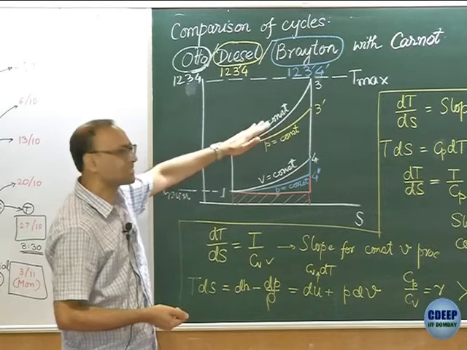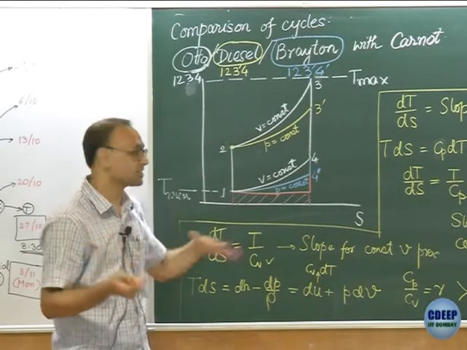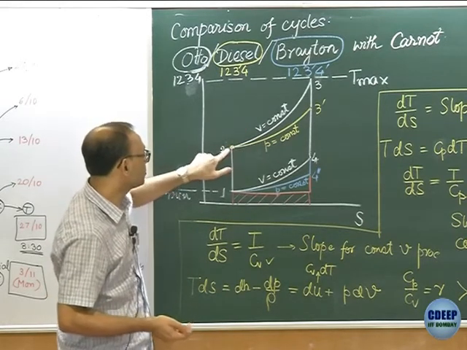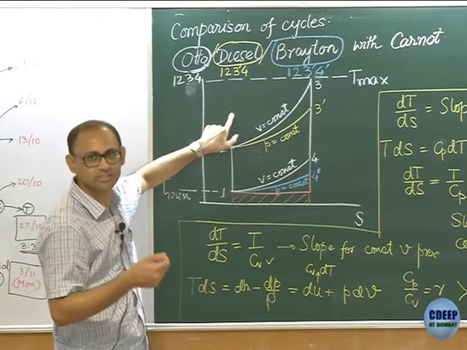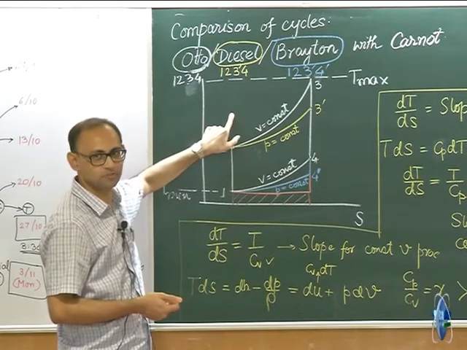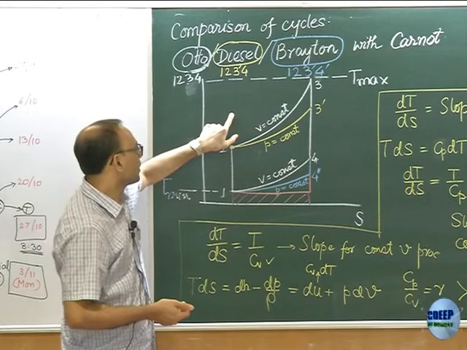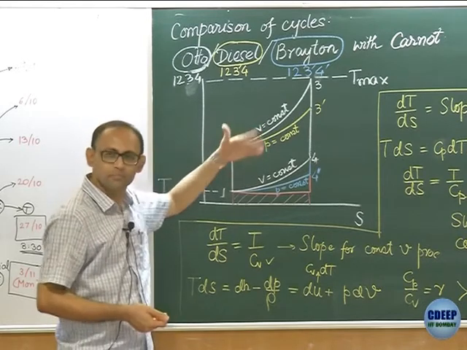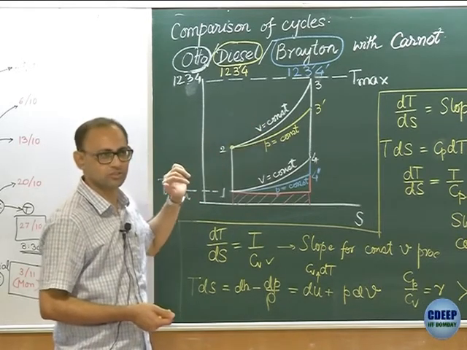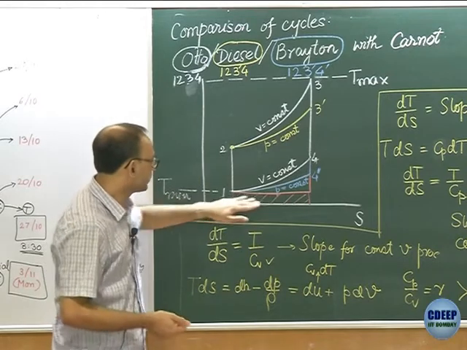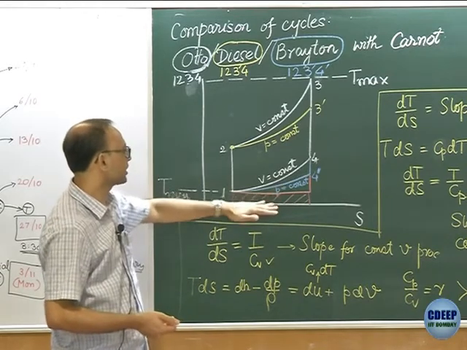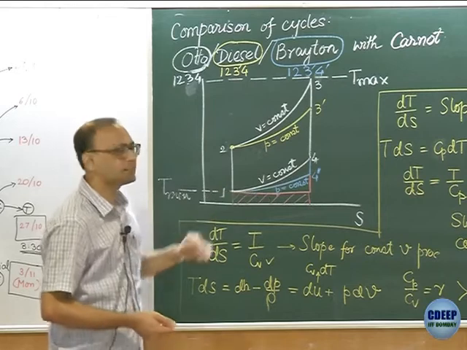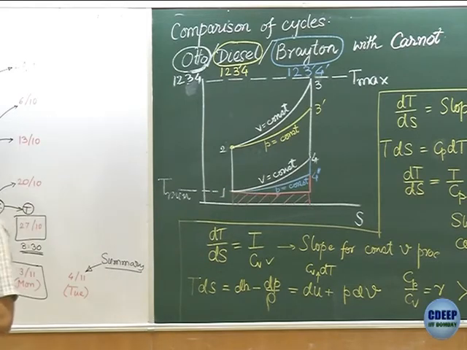When you start comparing this side, then you have to worry about other things. Whether this line will be starting from 2 or at a higher pressure ratio, which diesel cycle allows you to achieve. Right, so that can be brought into this discussion if you want to, but in terms of area under the curve and heat rejected, you can kind of easily see the connection between the 4 cycles.